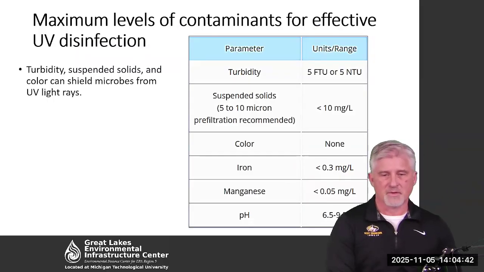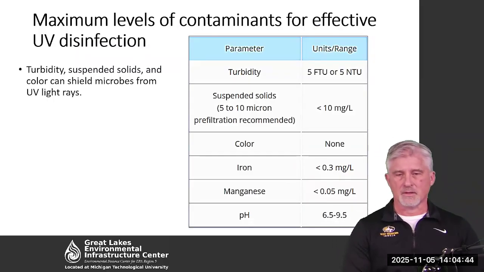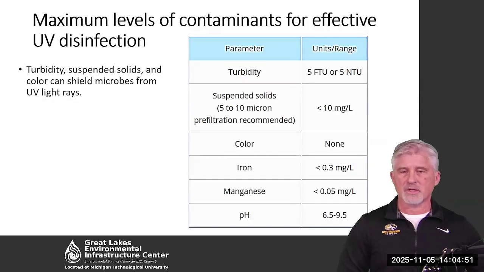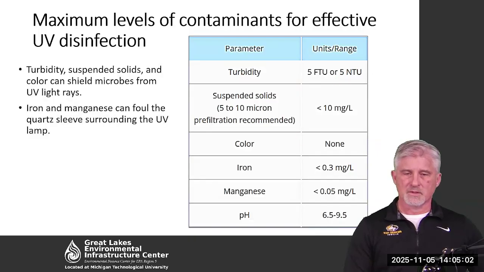There are some different things that need to happen in order for UV disinfection to take place. We can't have too much turbidity or suspended solids, because as we said, that can hide the microbes from the UV light. So we've got turbidity requirements and suspended solids requirements.